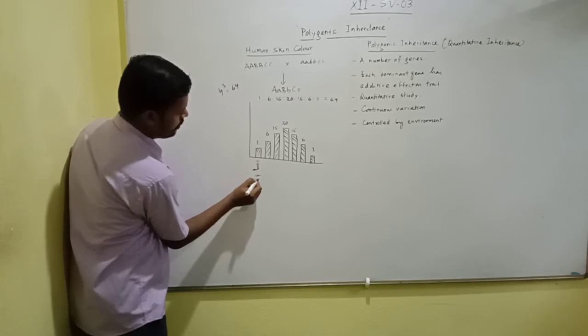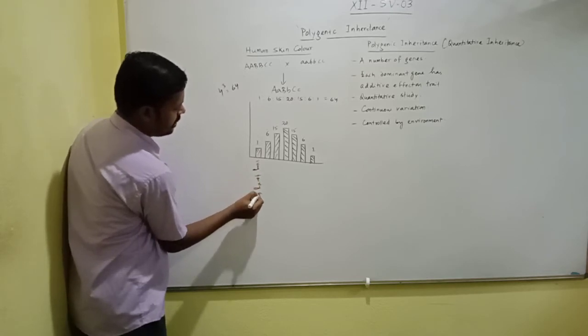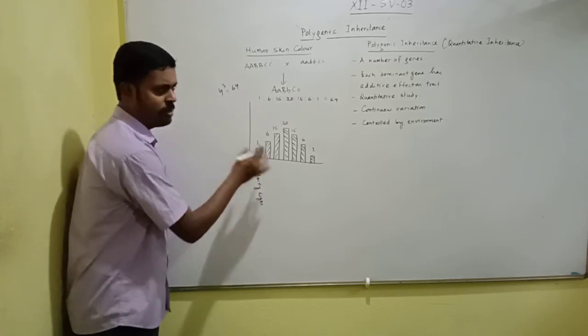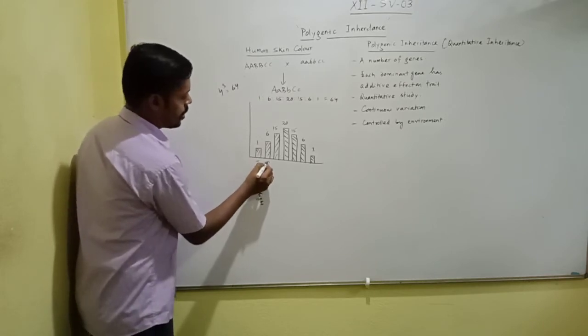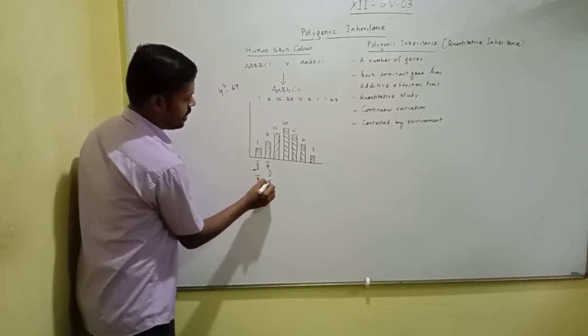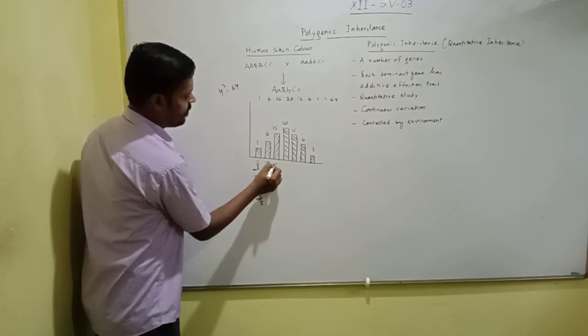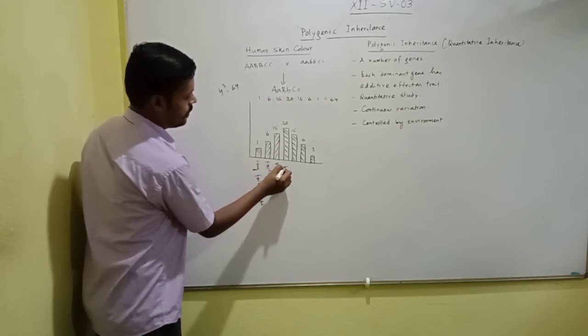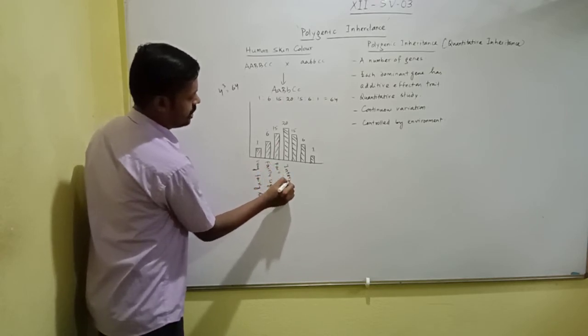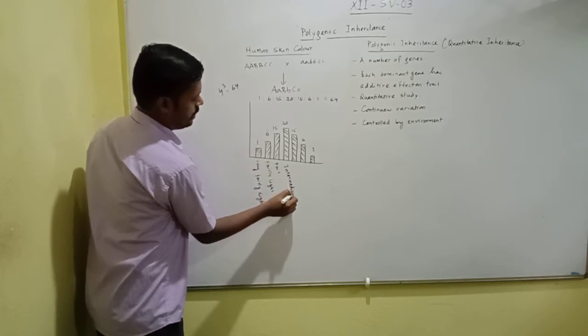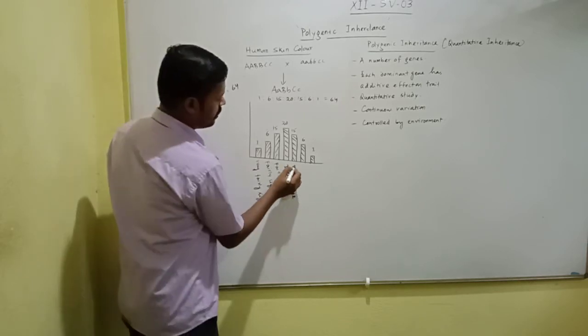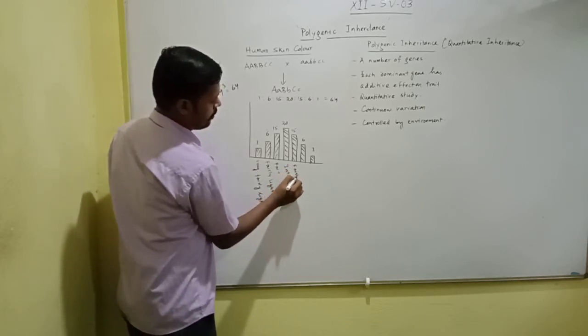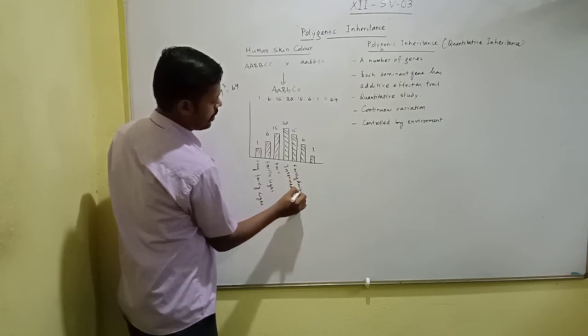Very fairly light, the smallest population. Fairly light. This one is simply fair. This one is intermediate, or Asian Caucasoids. This one is fairly dark.